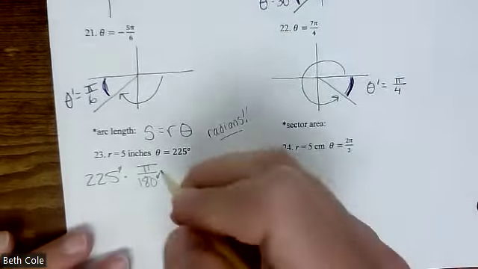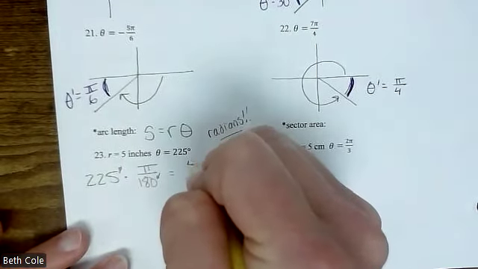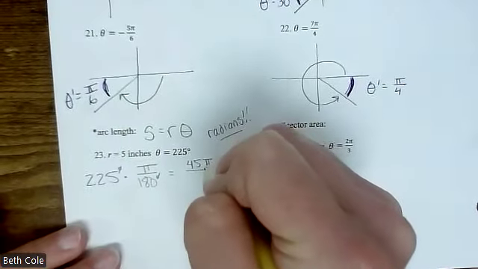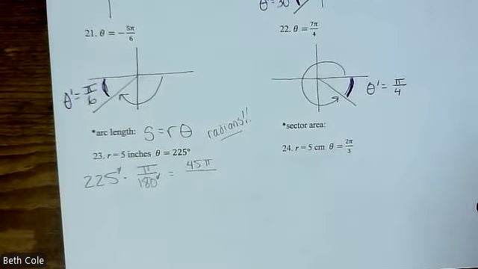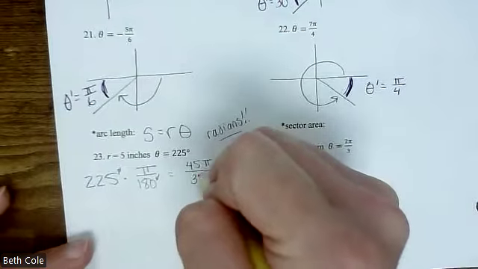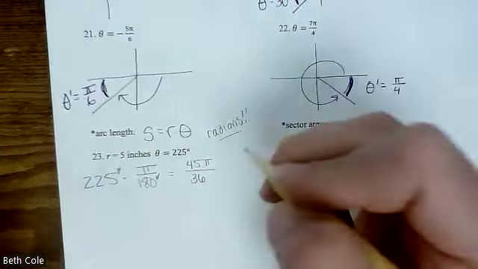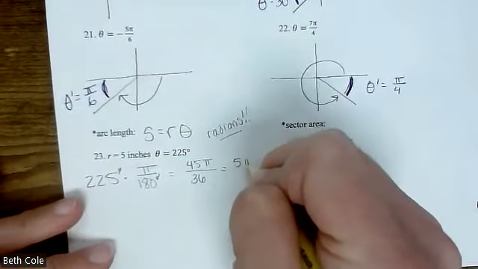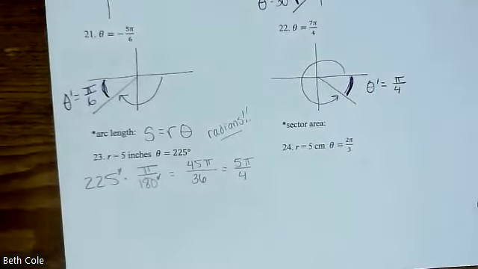So 225 divided by 5 is going to be 45π. Does anyone remember 180 divided by 5? You do that one a lot. It's 36. Good job. Now that is going to actually reduce again. Those will both divide by 9. Good job. Perfect. 5π over 4.